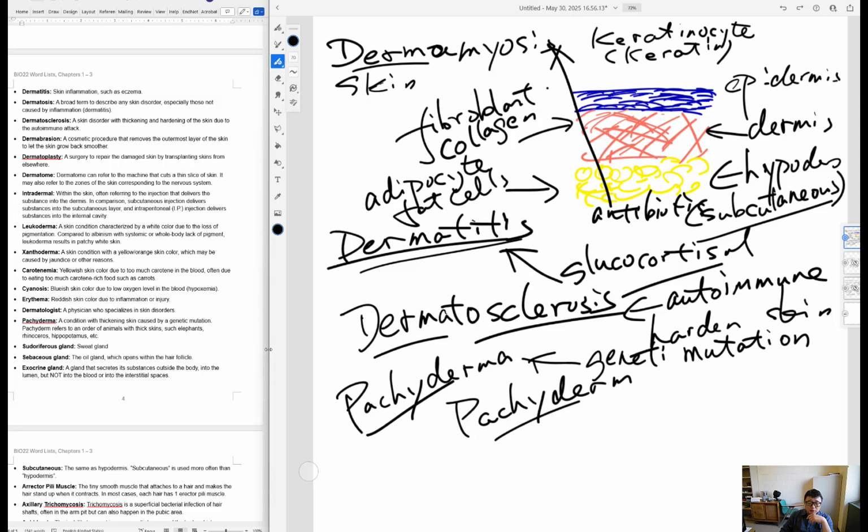It's a word to describe a group of animals that have very thick skin, for example elephants, and as we mentioned before, the rhinoceros or hippopotamus. You can find them in the Bronx Zoo. Okay, let's keep moving.